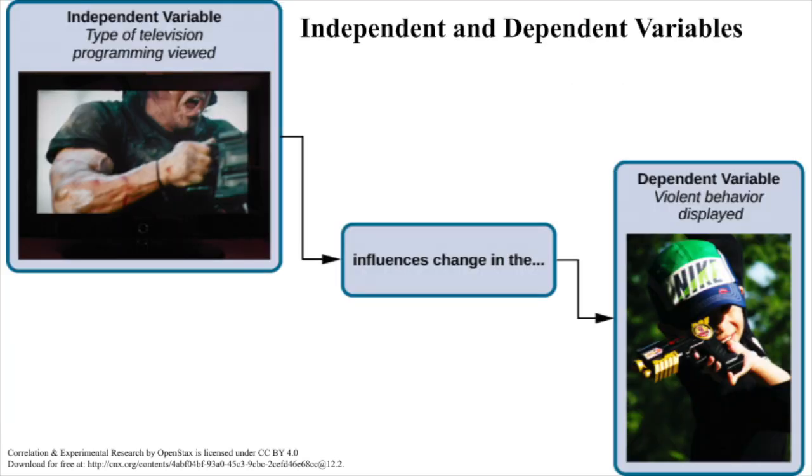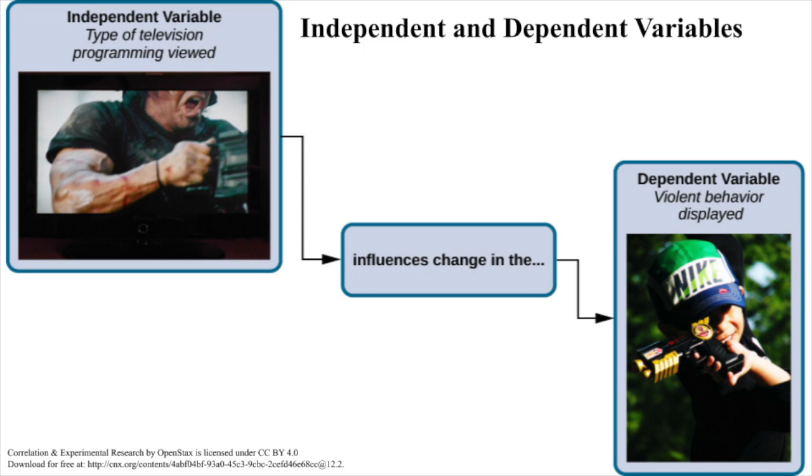Independent and dependent variables. In a research experiment, we strive to study whether changes in one thing cause changes in another. To achieve this, we must pay attention to two important variables, or things that can be changed, in any experimental study: the independent variable and the dependent variable. An independent variable is manipulated or controlled by the experimenter.